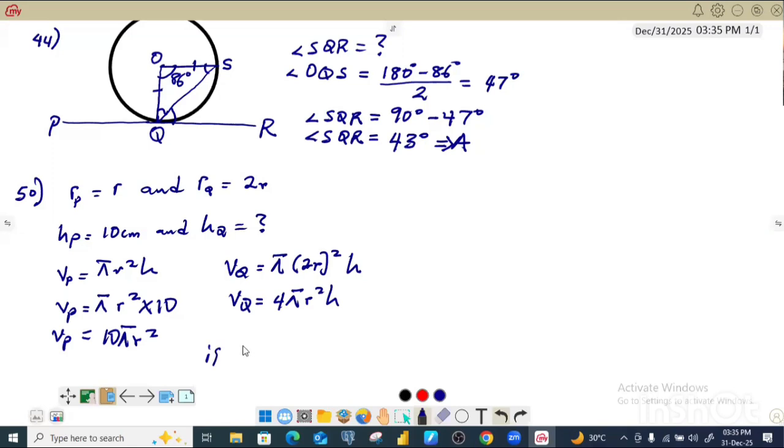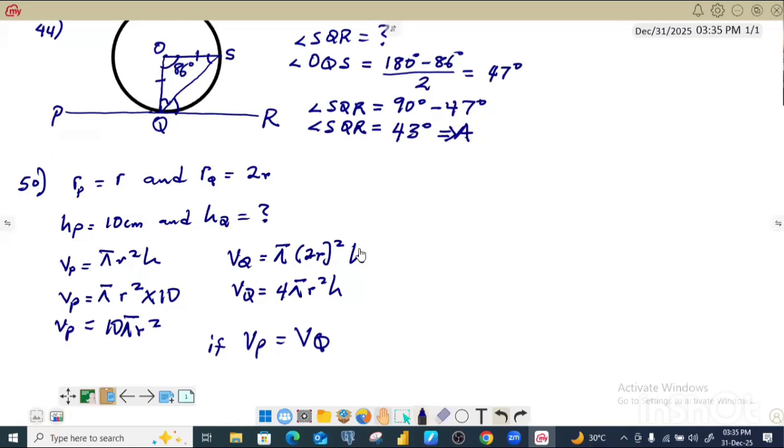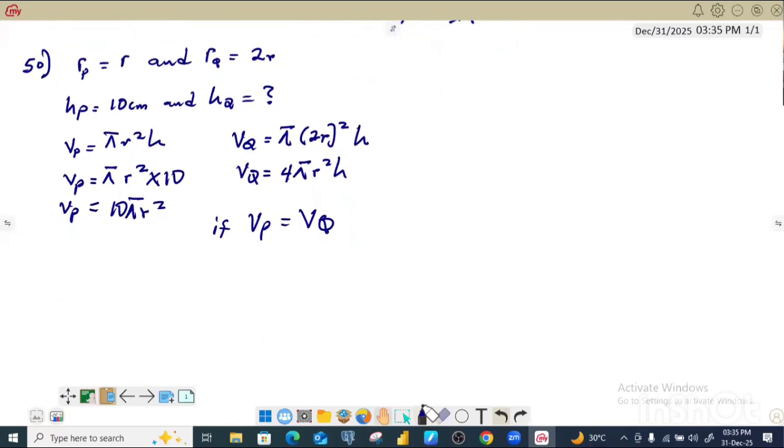So if VP equals VQ, because we have the same quantity of water in them, the volume of the water is the same, but the height will be different. So we can equate 10 pi r squared to 4 pi r squared h. We can take pi r squared away, and h will be 10 over 4.